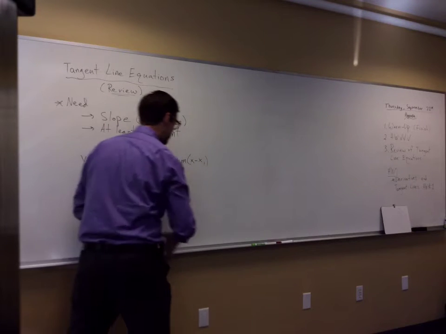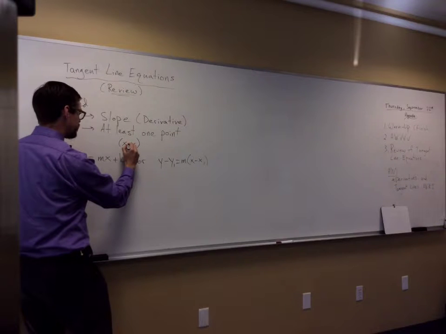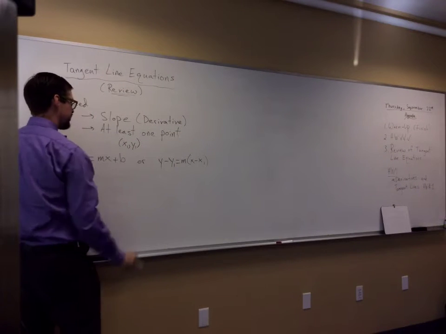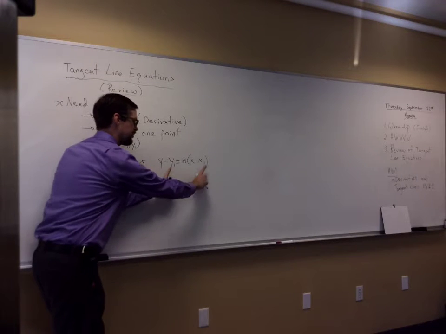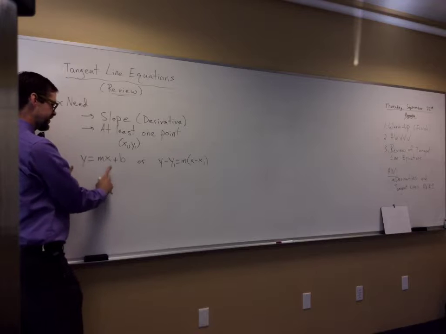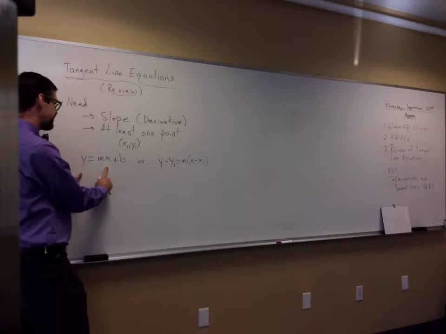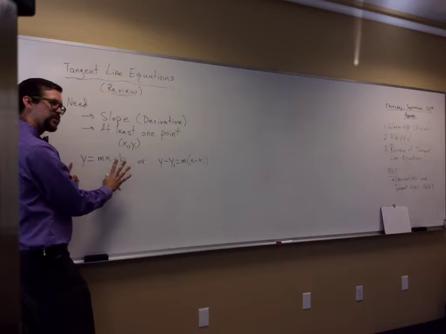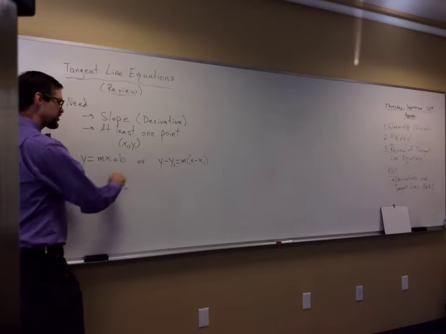I should specify that this point is actually labeled x sub 1, y sub 1, which matches with these labels over here. You can plug these into the slope-intercept form equation as well. You could technically put a 1 here and here, I suppose, but you usually don't do that. So you have those two options to work with.